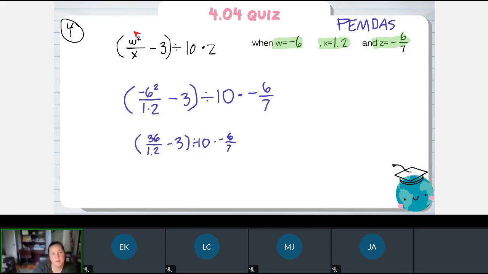What's 36 divided by 1.2? Somebody tell me in the chat box. Type it in your calculator. 36 divided by 1.2. No, it's not 3.3. Yes, 30.